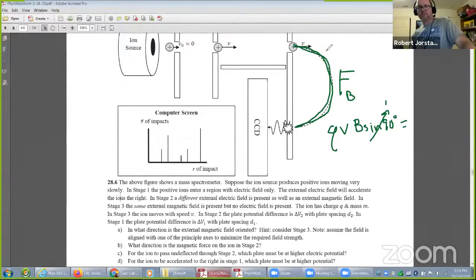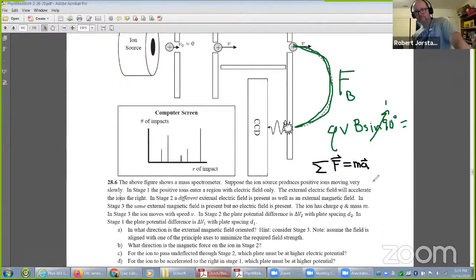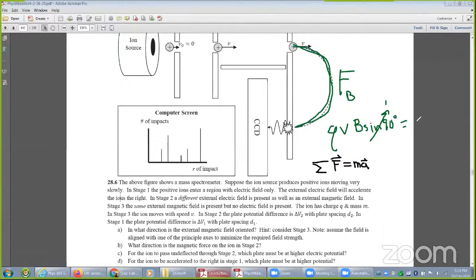What does that magnetic force equal? That's a hint. The centripetal force? Nice.